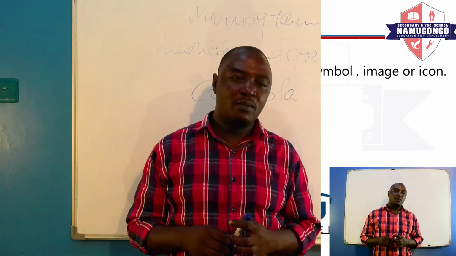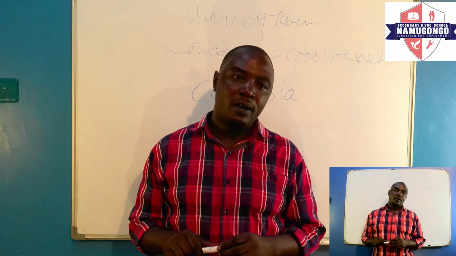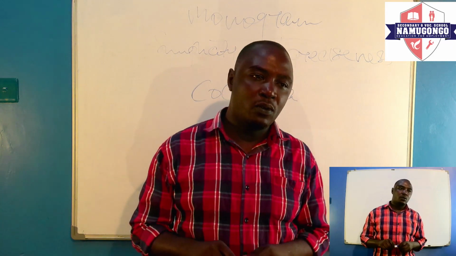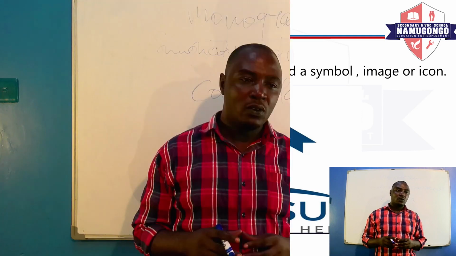We are having some example of Lorem Ipsum. How do you come up with an emblem logo? It will depend on you as a designer. It will depend on what you want to achieve at the end of it all.